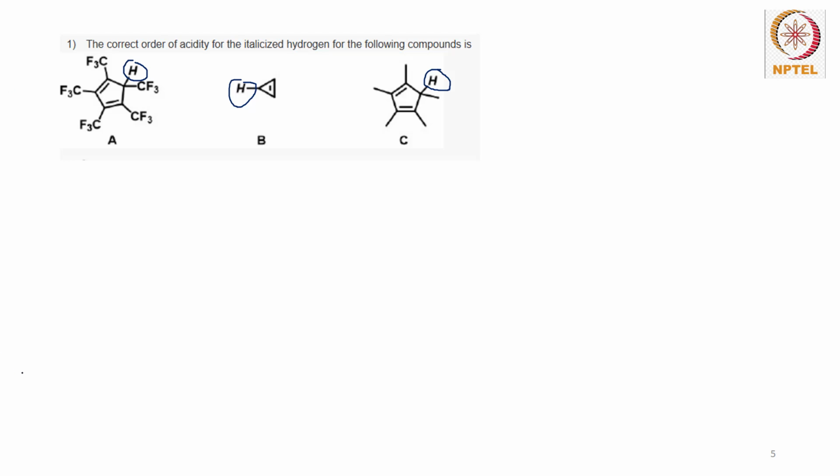So if we remove H plus from this system, I am just showing minus H plus. What will you get? We will get this type of carbanion.